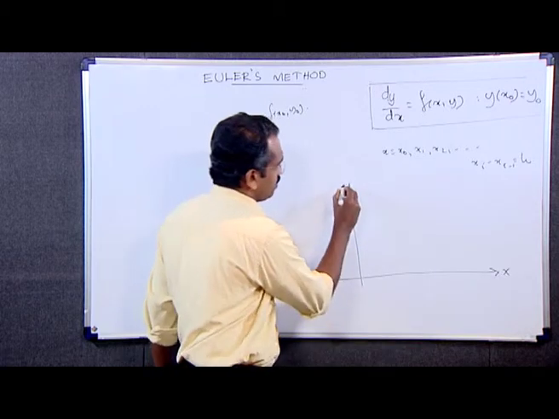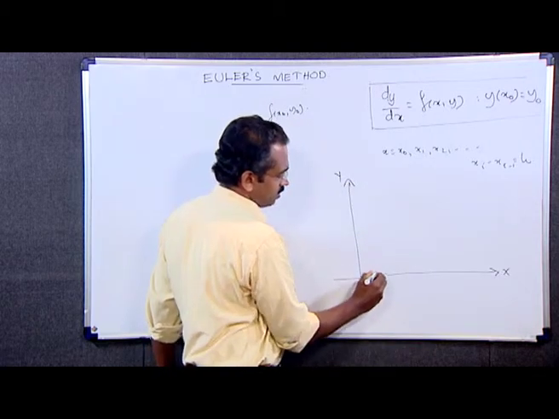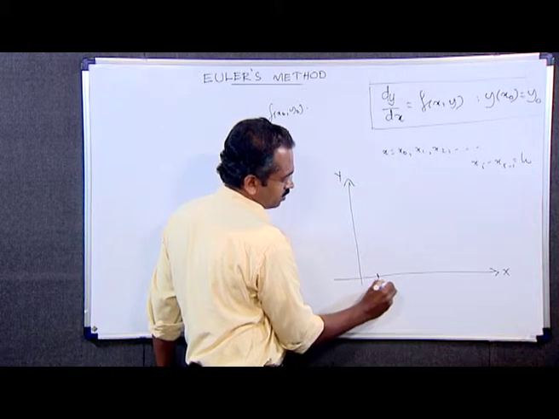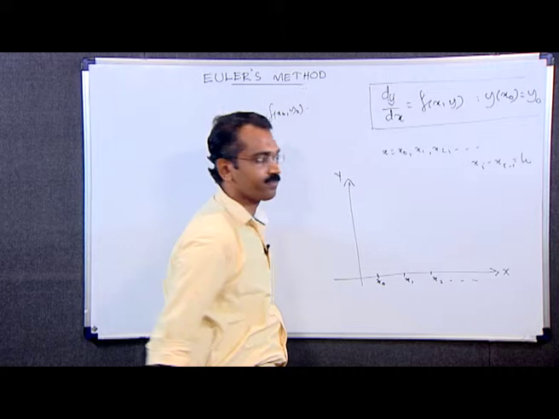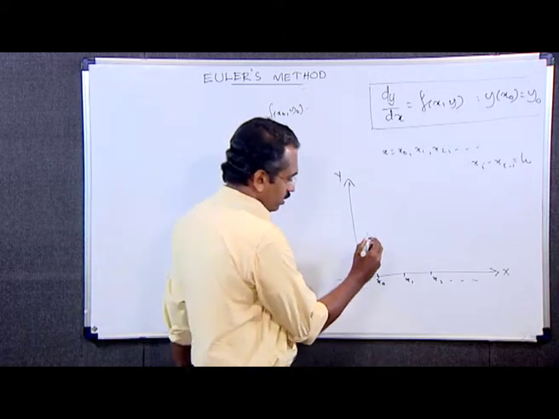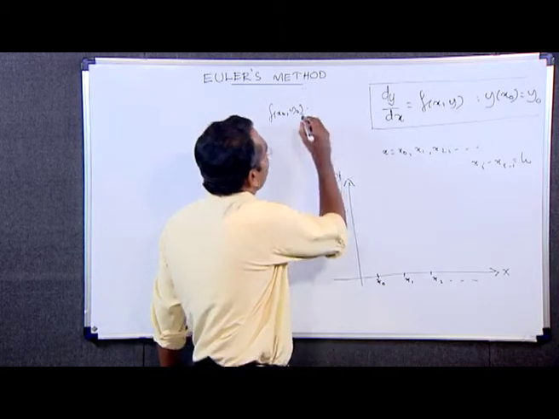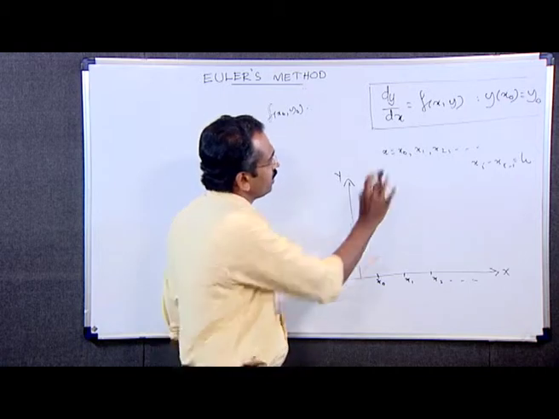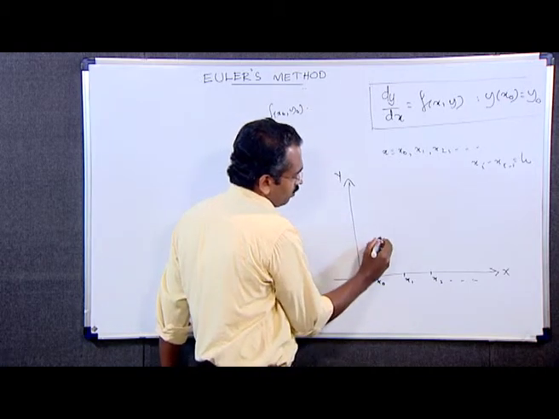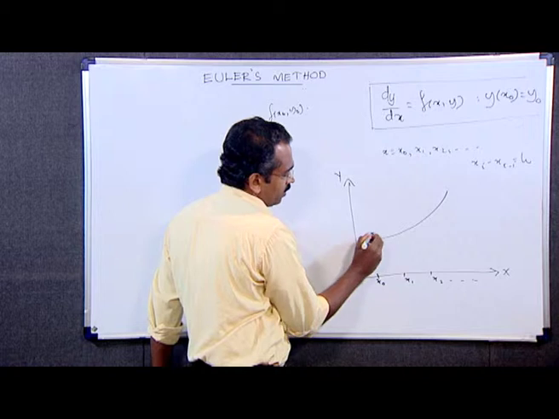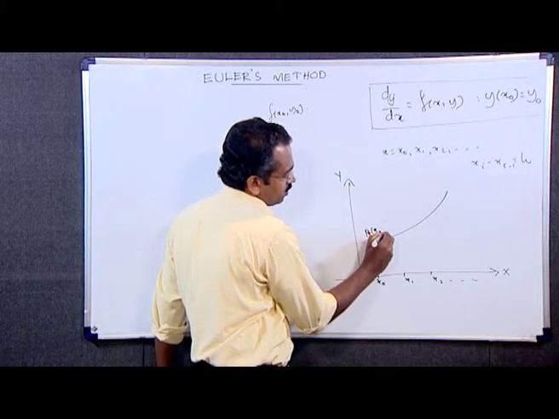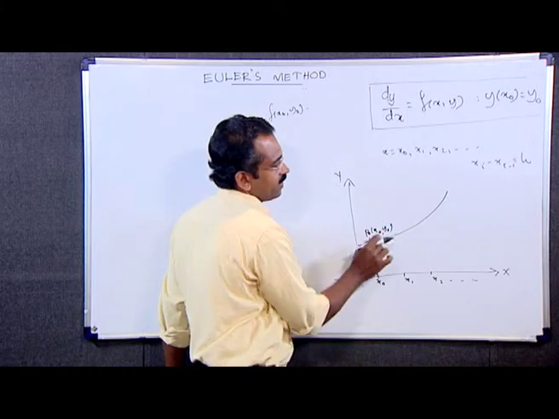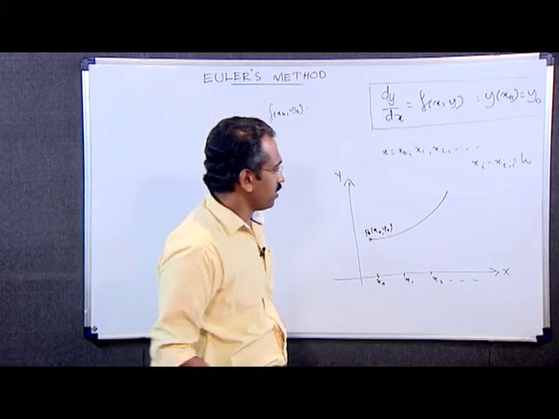This is the x axis, this is y axis. Here x naught, x1, x2, etc. Now, x naught, y naught are given. Therefore, the point x naught, y naught, which is denoted by p naught, will be on this curve.